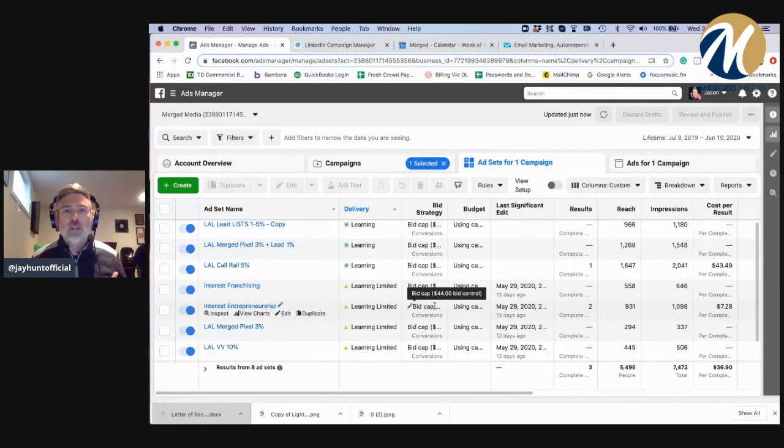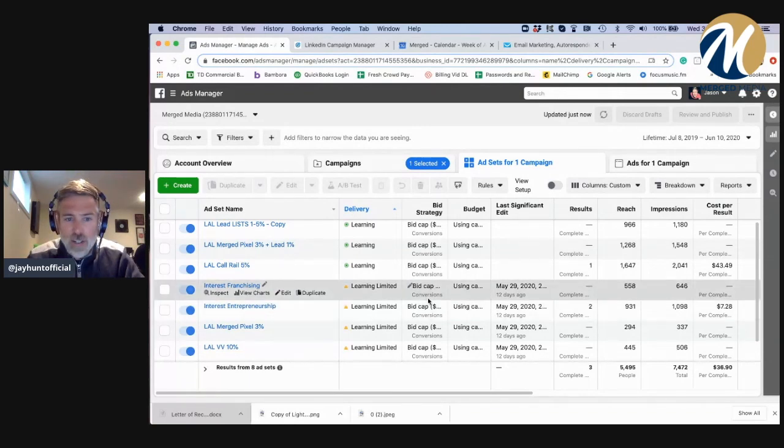If no impressions are filtering through and I'm not getting any clicks whatsoever, then what that tells me is our bid's way too low and other people are outbidding us in the Facebook auction. So what we're trying to do is get that bid to a certain place where you're getting the perfect amount of traffic coming through. Not too much where you're blowing your entire daily budget, and not too little where you're basically scraping for clicks.